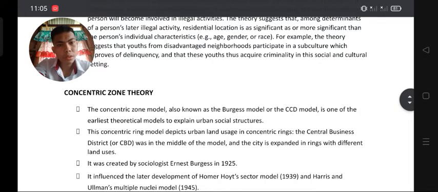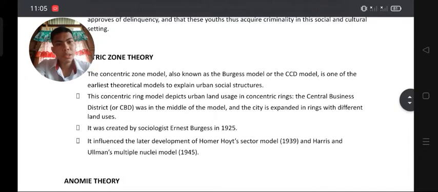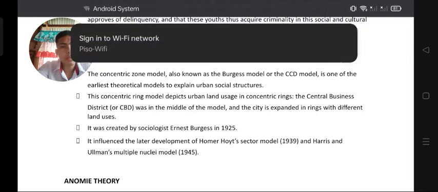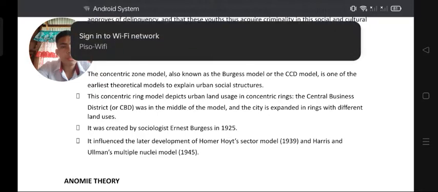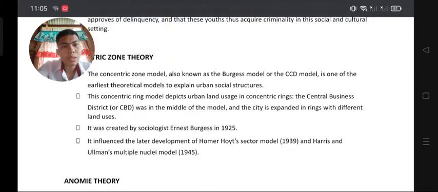Next is concentric zone theory. The concentric zone model, also known as the Burgess model or CZM, is one of the earliest theoretical models to explain urban social structure. The model depicts urban land usage in concentric rings.